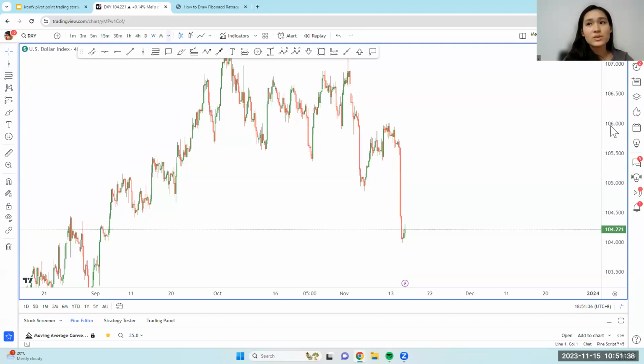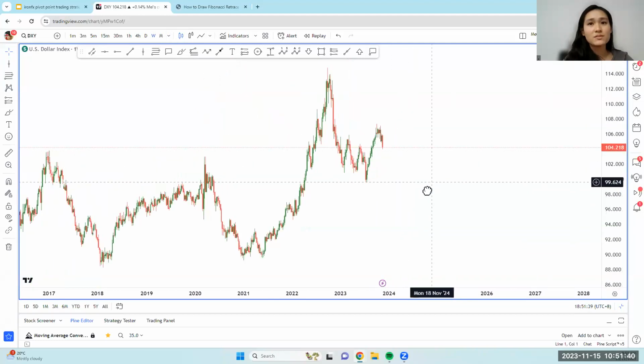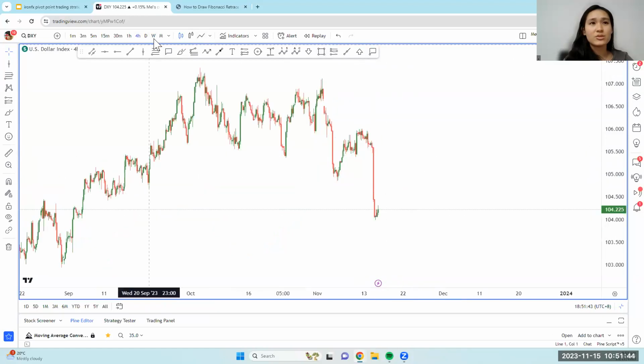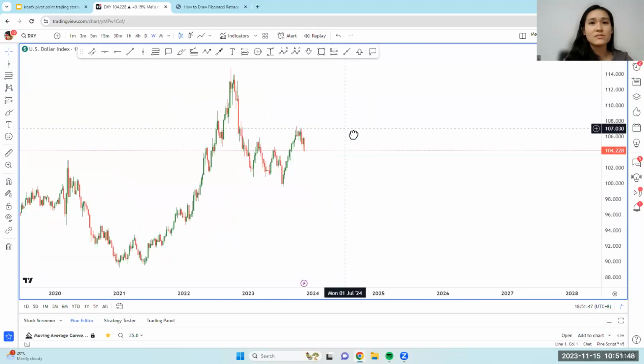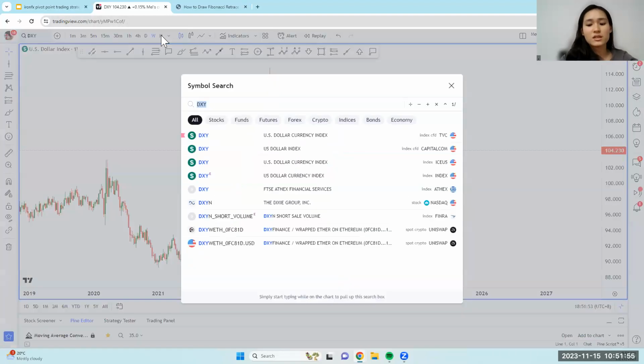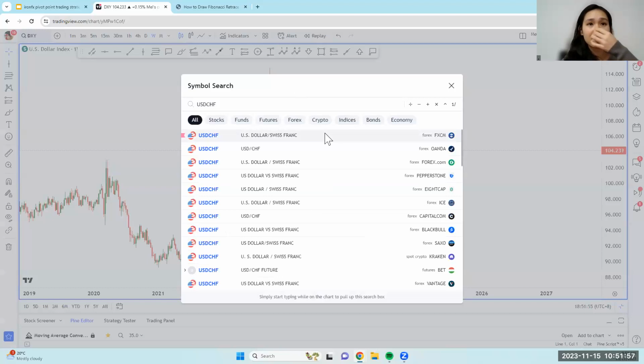So DXY, we see this steady drop here. You see on our 4 hour time frame, this looks really huge, but on our weekly time frame, it doesn't look very significant. Okay, sure, let's do dollar franc instead then, because we don't have much time.